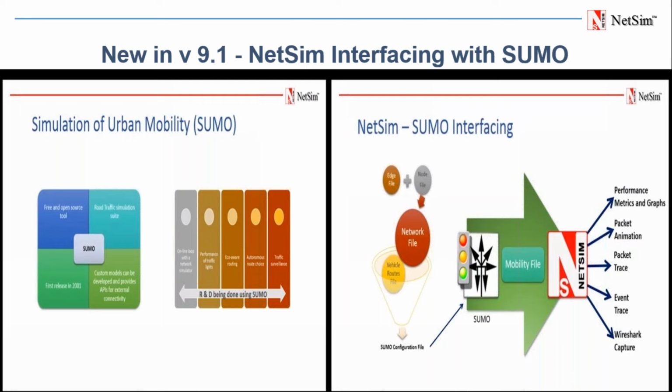So these are research and development done using Sumo, which includes, you can see in the PPT, online loop with the network simulator, performance of traffic lights, eco-aware routing, autonomous route choice, traffic surveillance. These are the research that has been done using Sumo.